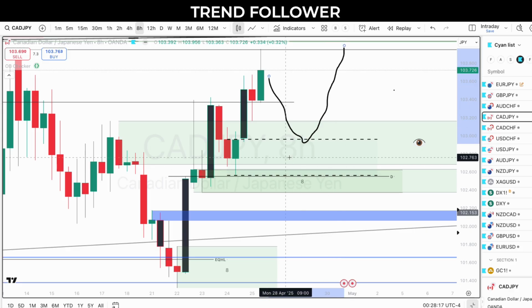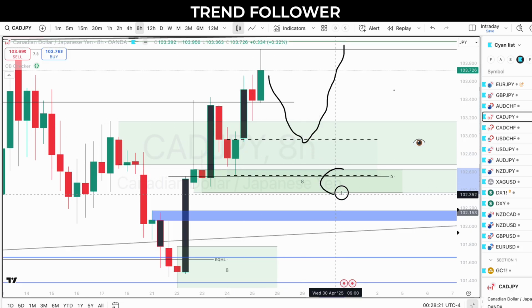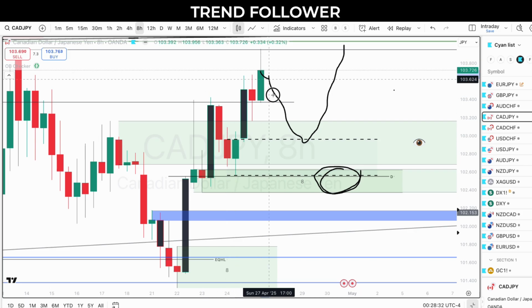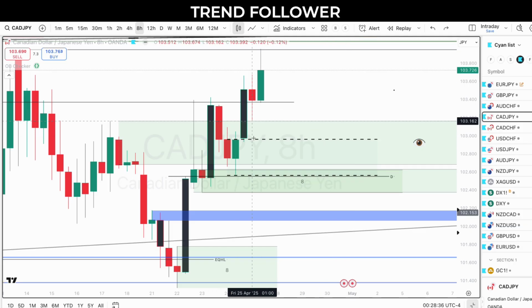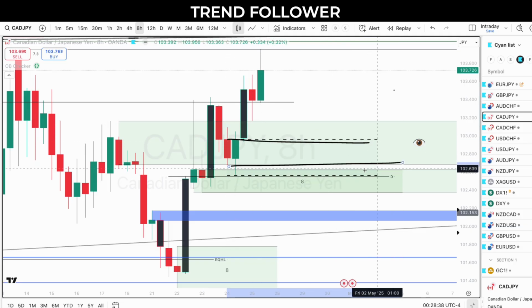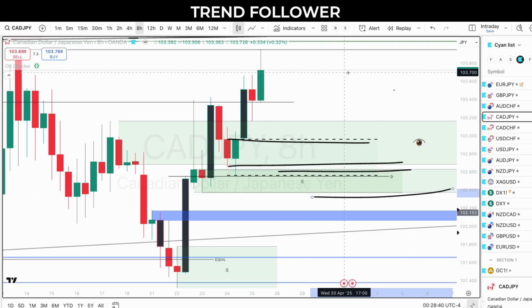But later on, if it comes here, I wouldn't trade it so much as I would like to trade it here. So in the initial part of the week, because this is a fresh zone, this will just work. You can trade this to this. That's one idea, that this zone should work and the second zone would be here, right?